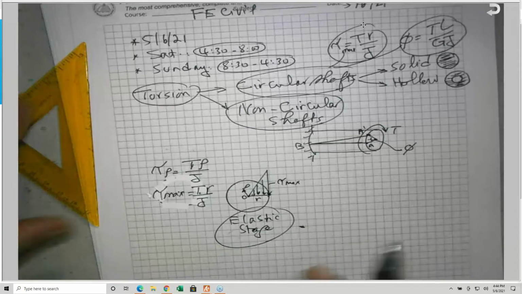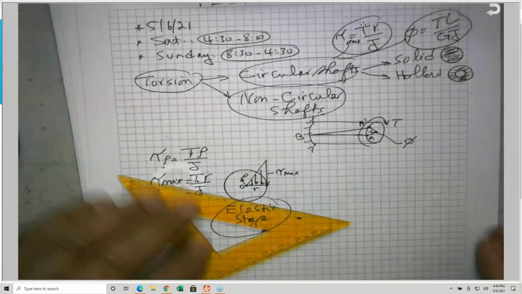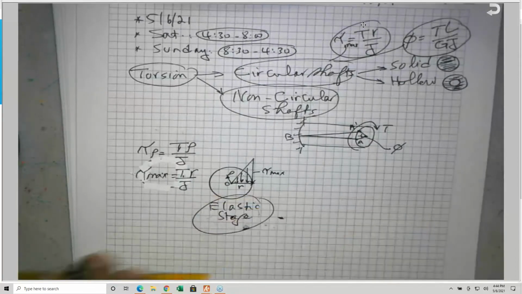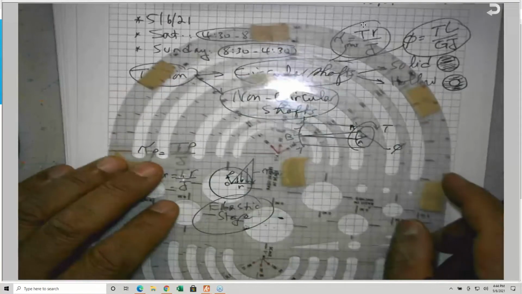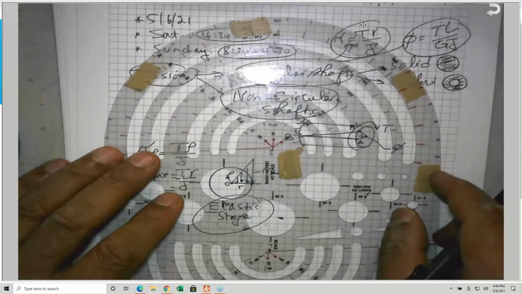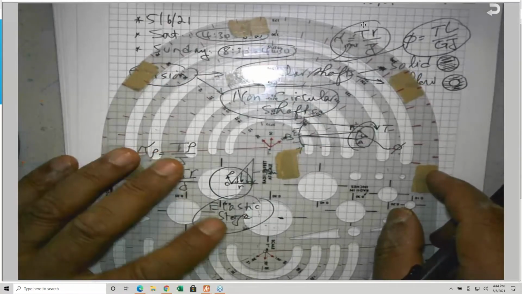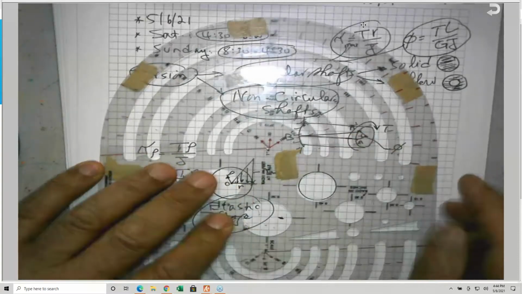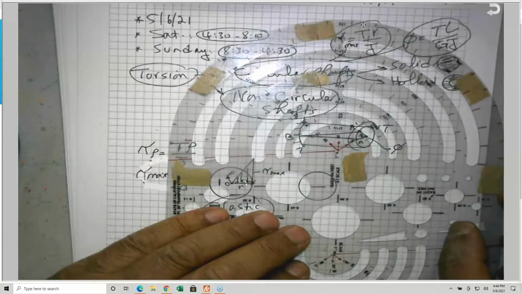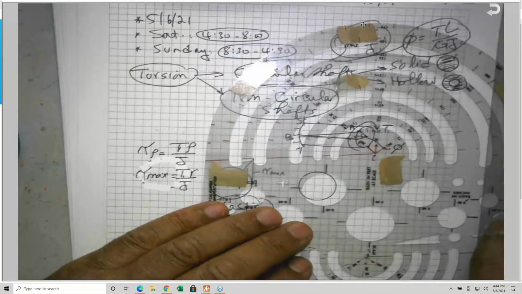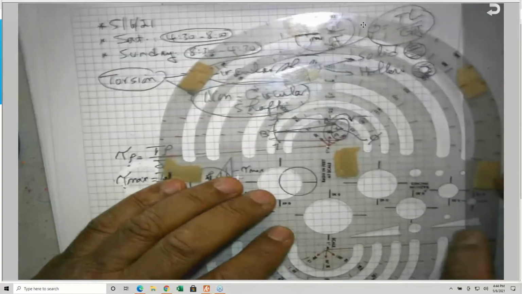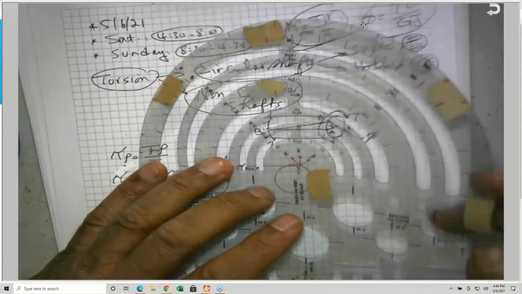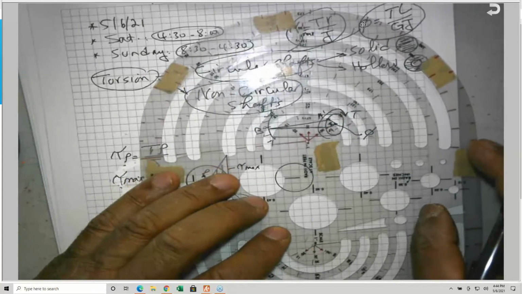But if you keep twisting, or continue the test, or applying the torque, let me draw another two of these just to show you the variation of the stress as we exceed the elastic limit.